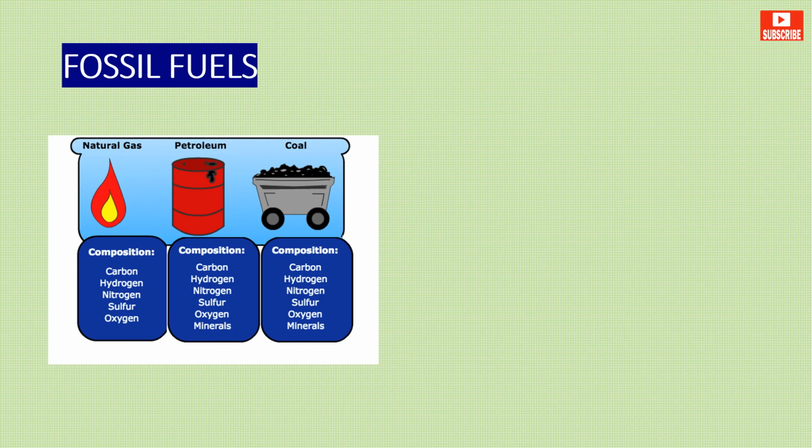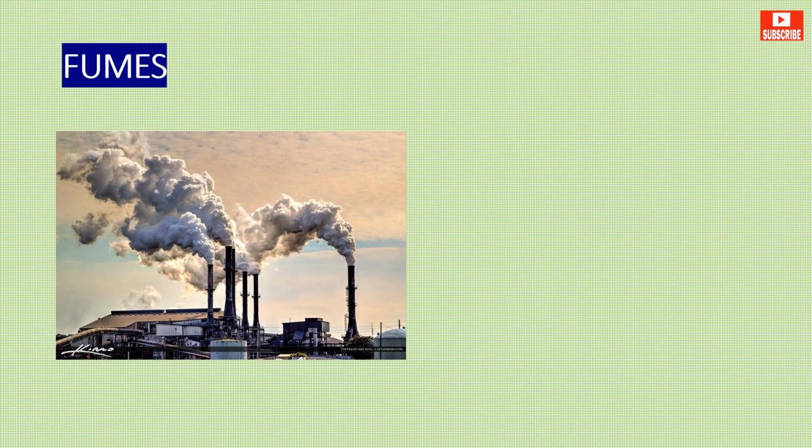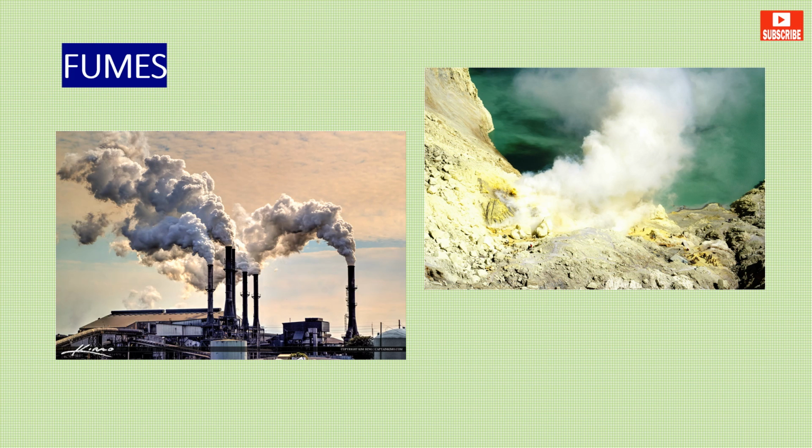Fossil fuels is a fuel formed naturally over many years from the remains of animals such as coal, oil, and natural gas. Fumes is gases and vapor which is very harmful.